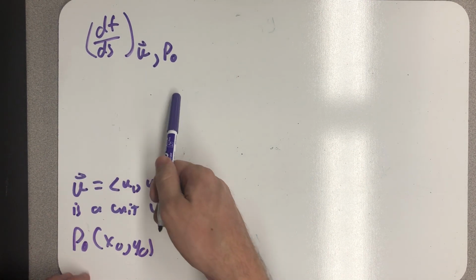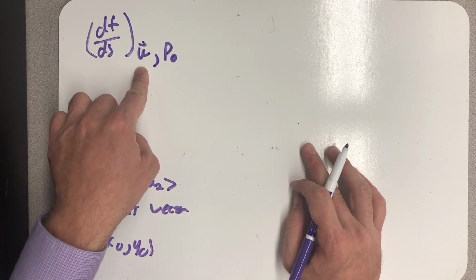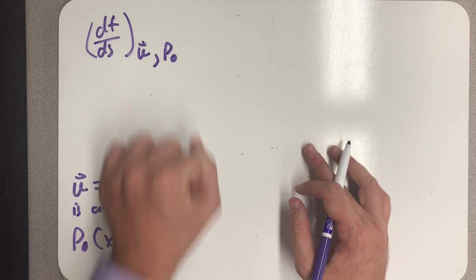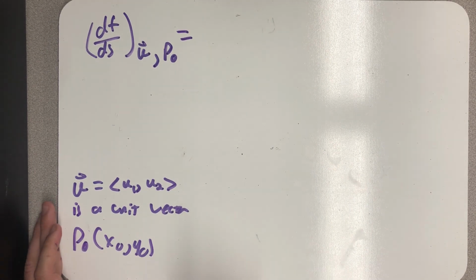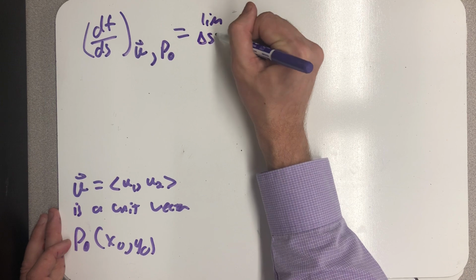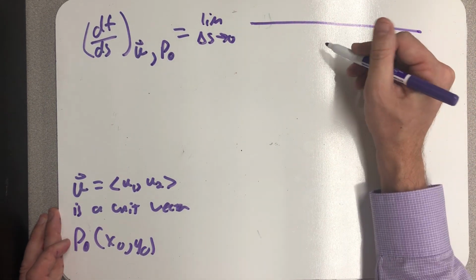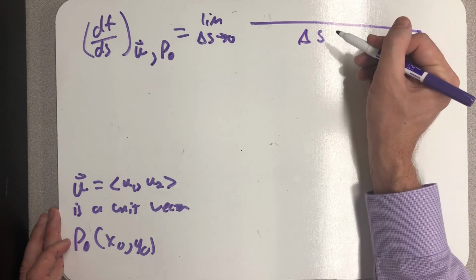So this, literally, the derivative of f in the direction of the vector u from the point p naught would be equal to this: the limit as delta s approaches 0 of a whole bunch of stuff over delta s.